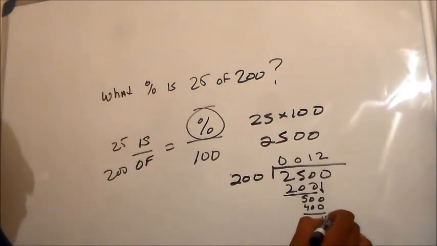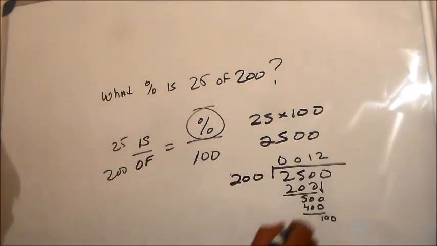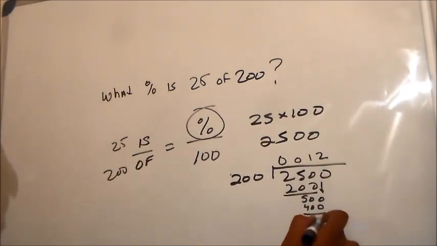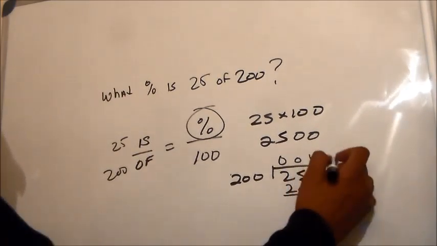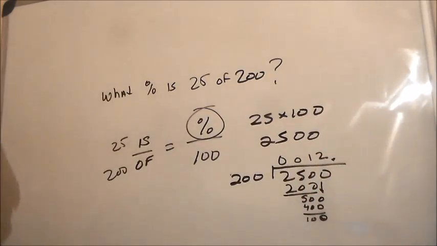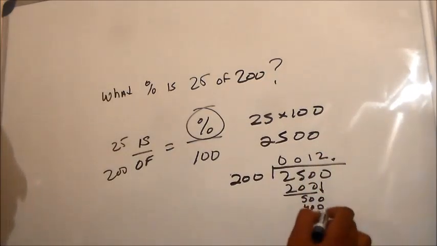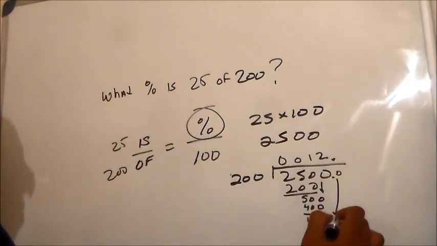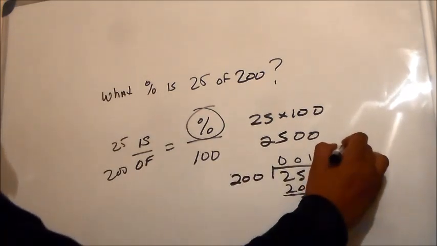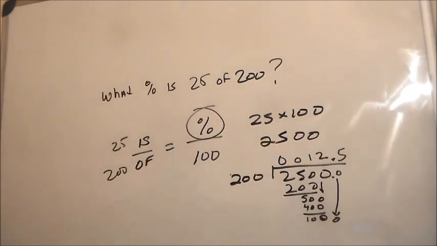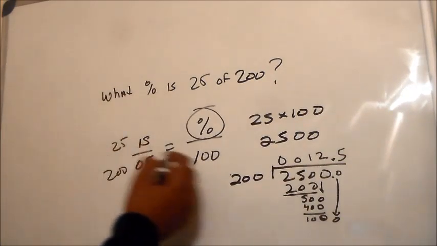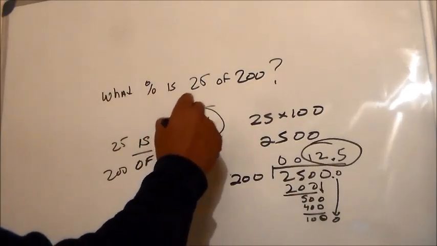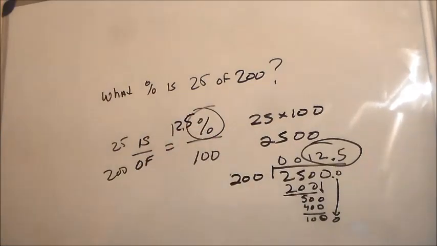We have 100 remaining. So we put a decimal there and add another 0. 200 goes into 1,000 5 times. So 25 is actually 12.5% of 200.